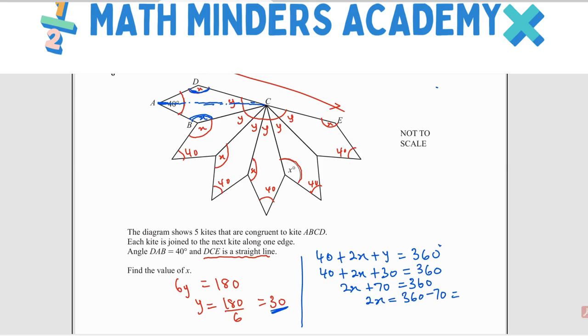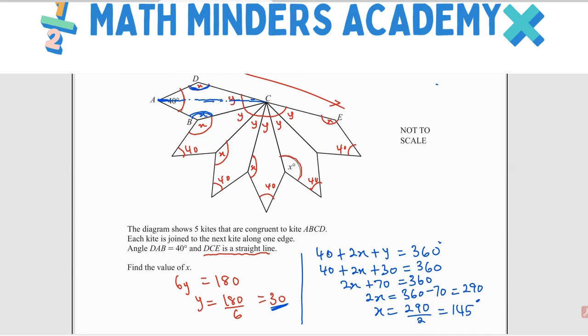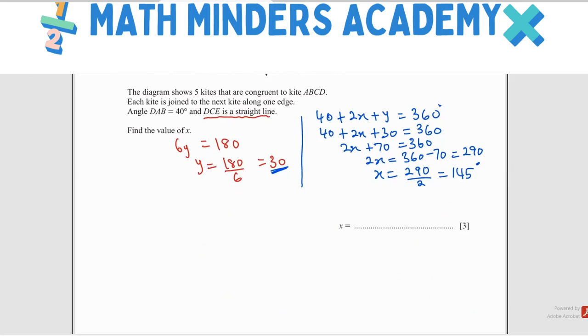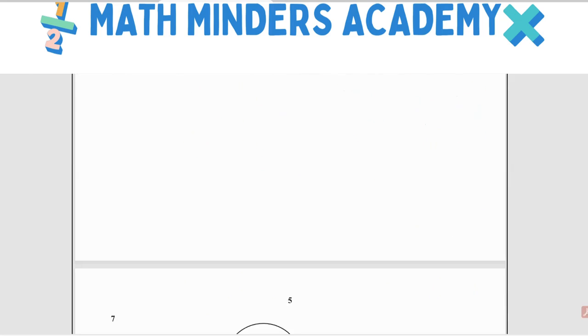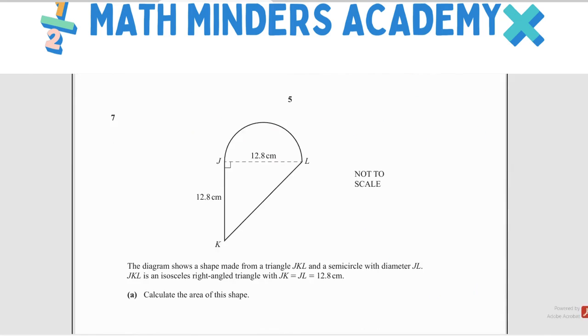Okay, and that will give us 290. So s is going to be 290 all over 2. That's 145. So s is 145 degrees. So we have the value of s as 145 degrees. We move on to the next question.